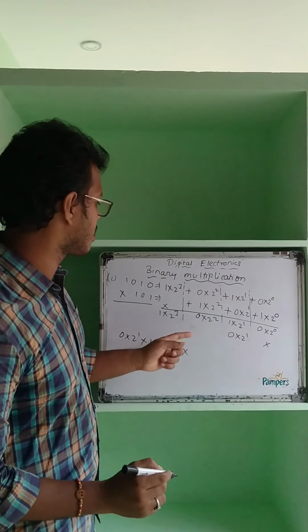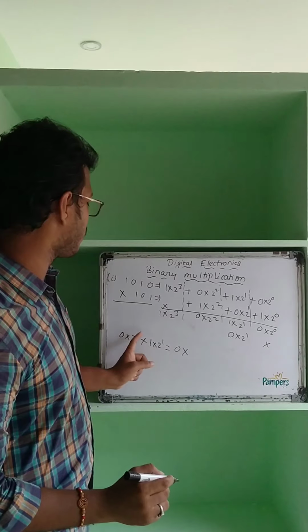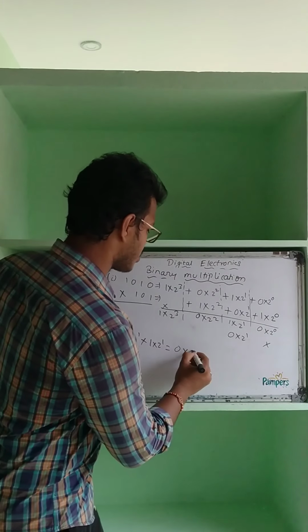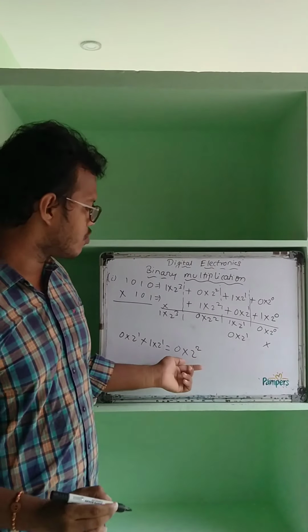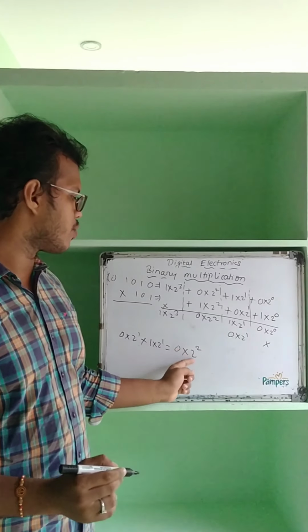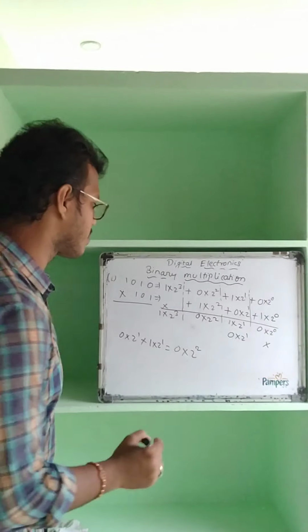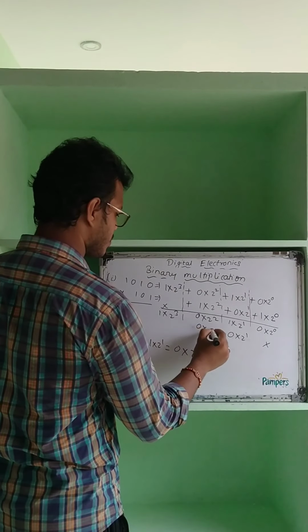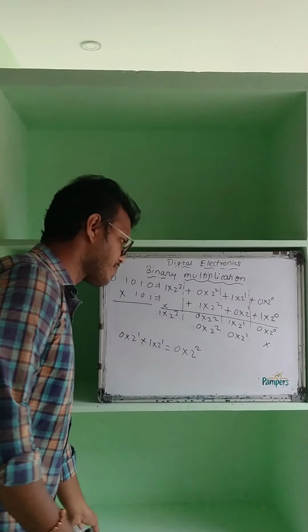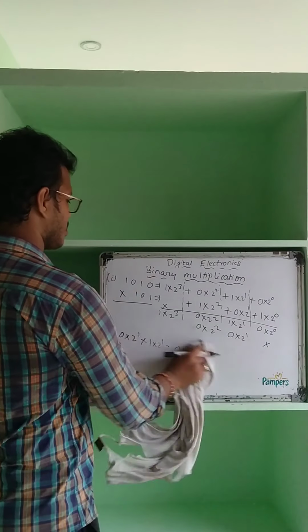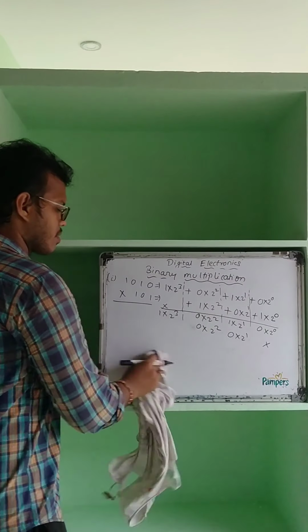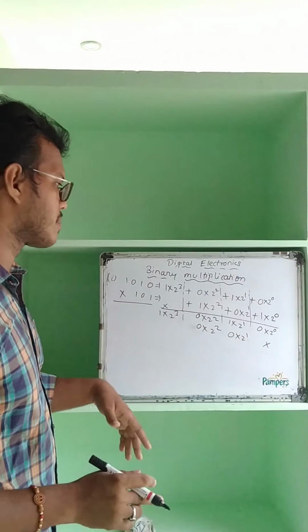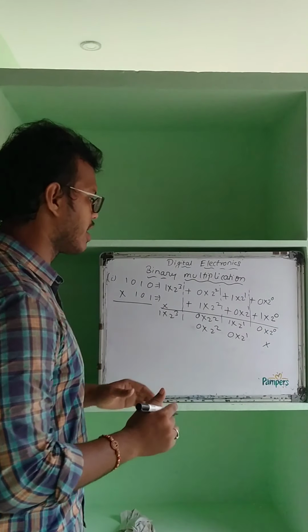And 2 power of 1 into 2 power of 1 is going to be 2 square. So we write that 0 into 2 square in this column. Follow the procedure and write it yourself.